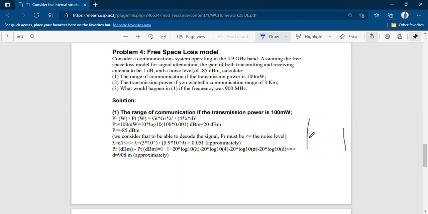The loss that you have in this free space is the free space loss model, right? It is the power difference caused as the signal is transmitted from the transmitter end to the receiver end. You have done this in your lab, so I believe you understand what a free space loss model is. There are other forms of this formula.